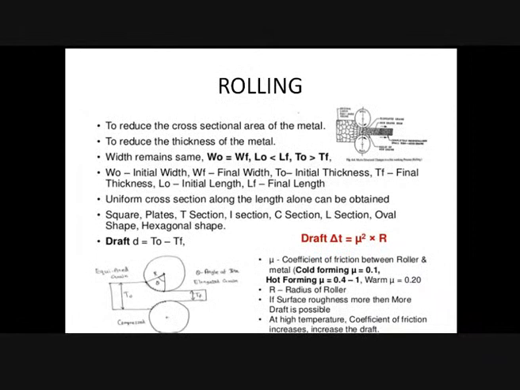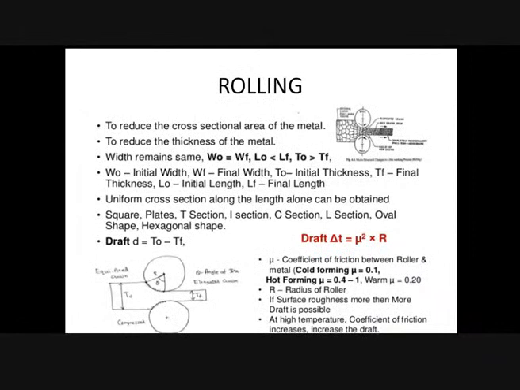The next point is that the width of the strip is assumed to be constant, where B0 equals B1, equals B. During rolling, when compressive force is applied along the thickness direction, the material is compressed in thickness, so the volume reduced in thickness must appear in the width direction, the length direction, or both.